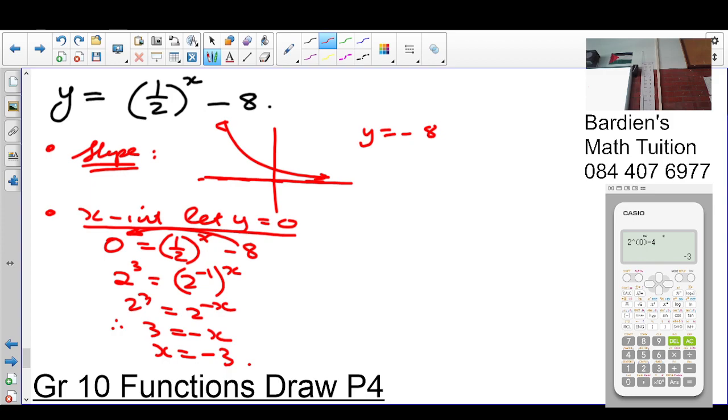Remember, if this is raised to a higher exponent, you multiply the exponents. That's why it can't be 2 to the x minus 1. So negative 1 times x is negative x. Okay.